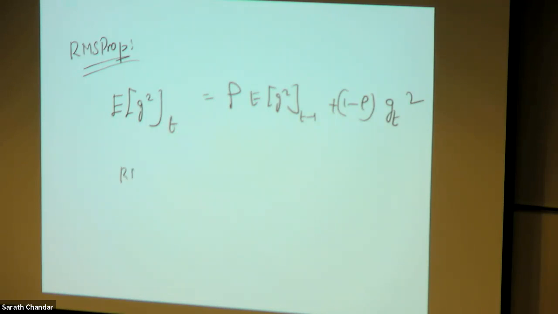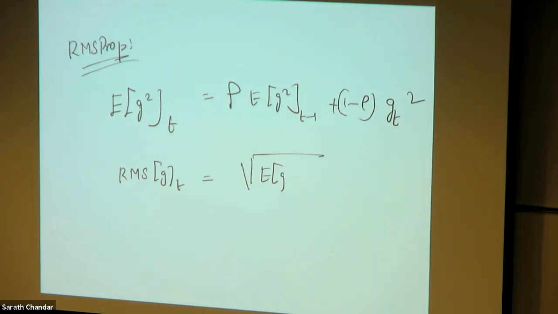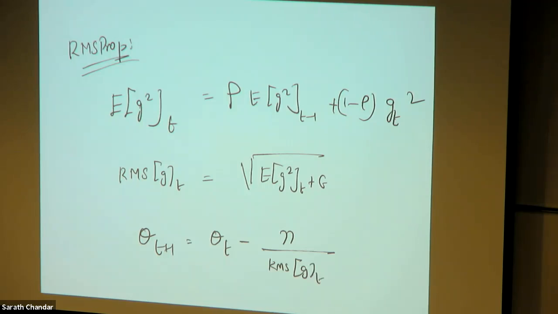Now the root mean square of G is defined as the square root of E of G squared plus epsilon. And theta t plus 1 is equal to theta t minus eta divided by RMS of G times g_t.